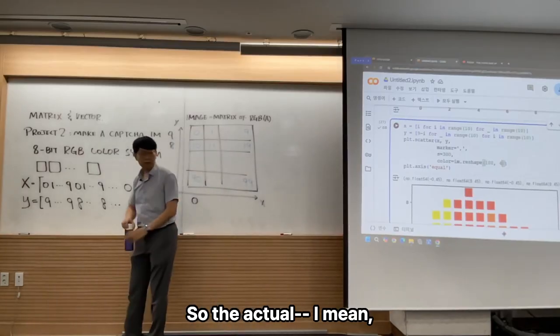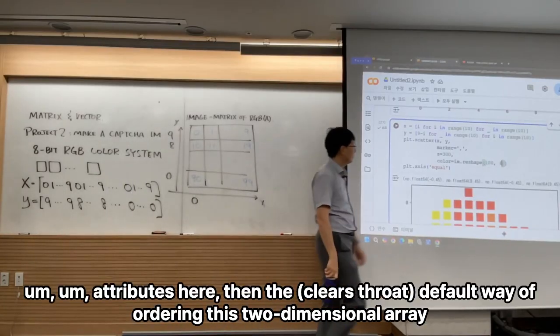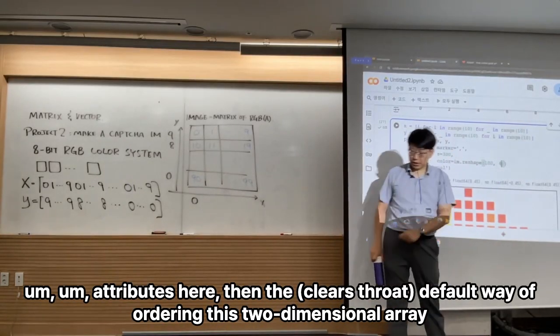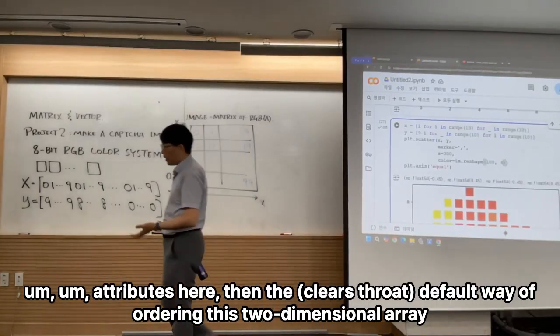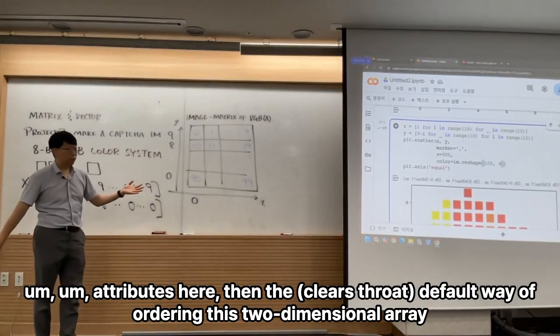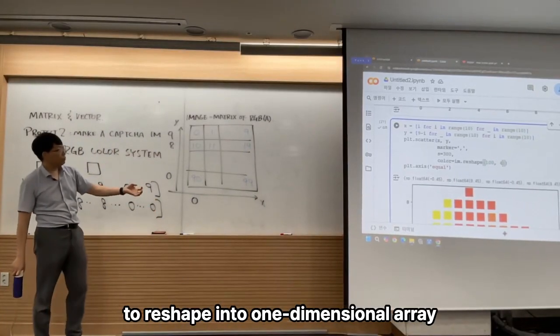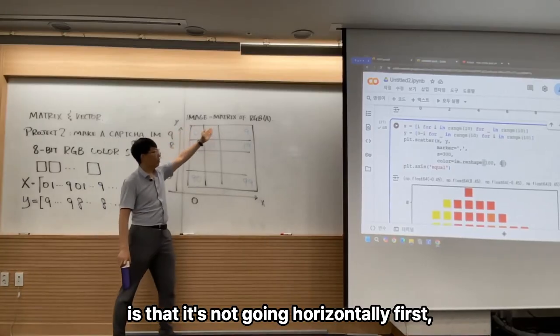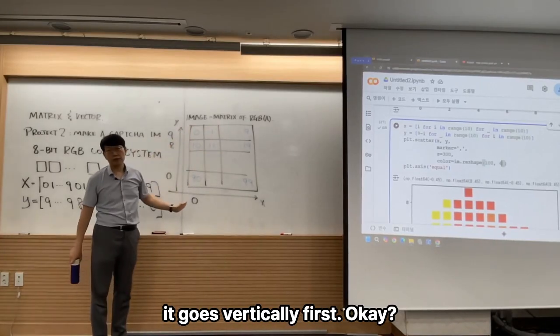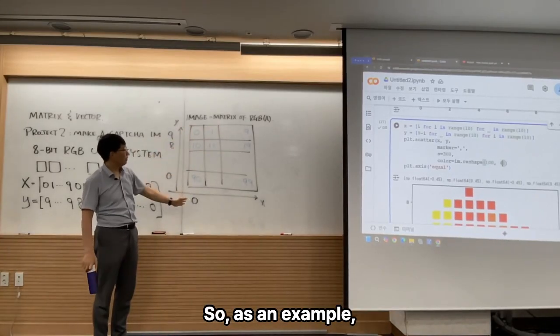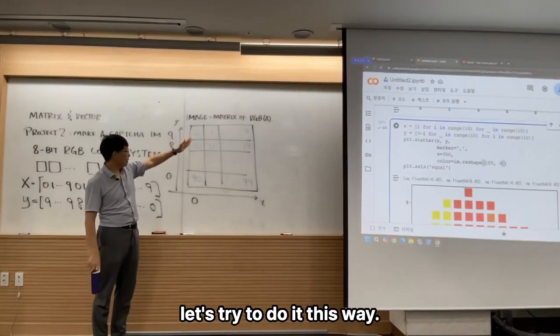If you don't have any attributes here, then the default way of reshaping this two-dimensional array into a one-dimensional array is that it's not going horizontally first, it goes vertically first. Okay, so that's an example. Let's try to do it this way.